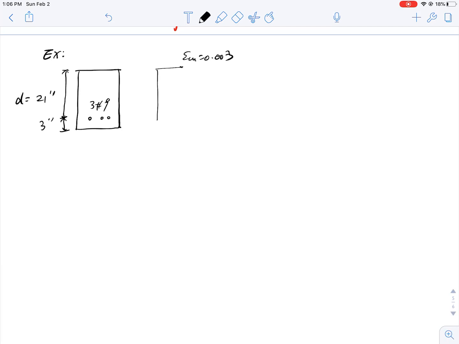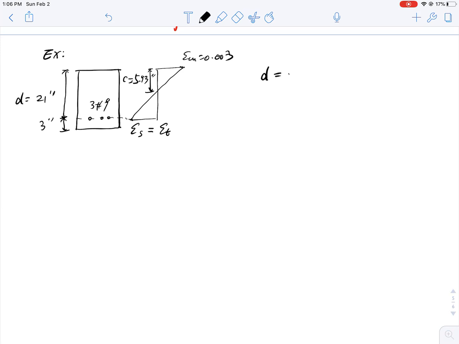Then I want to calculate the strain in the steel, which is epsilon s. But fortunately, since I only have 1 row of reinforcement, this epsilon s equal to epsilon t. Also my compressive zone c has been calculated already, and is equal to 5.93 inches.